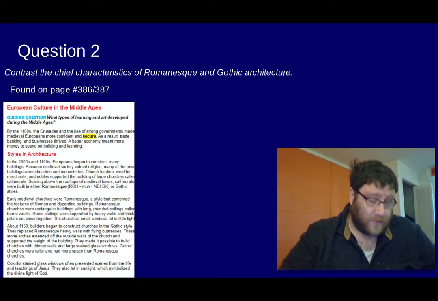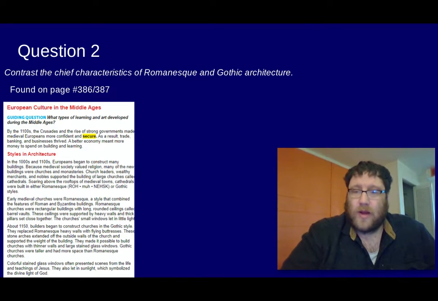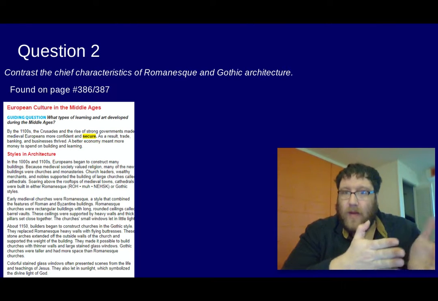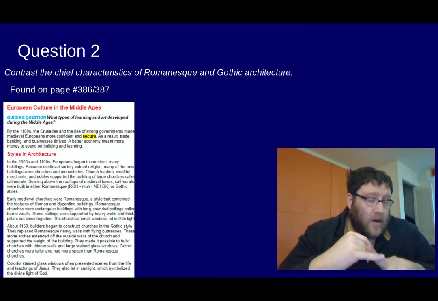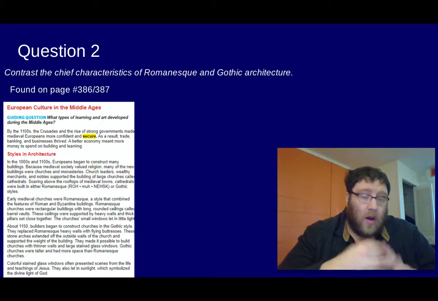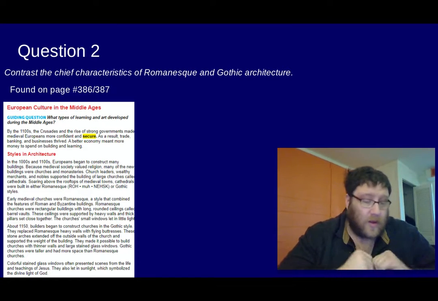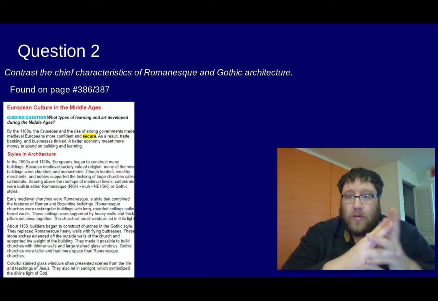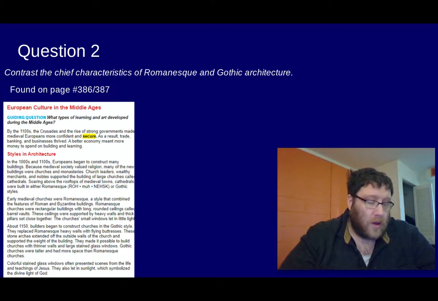For this question, go through this paragraph that I just read and find what makes Romanesque unique and what makes Gothic unique. Talk about the rectangular long building in the Romanesque, and the rounded ceilings with barrel vaults that supported the heavy walls.